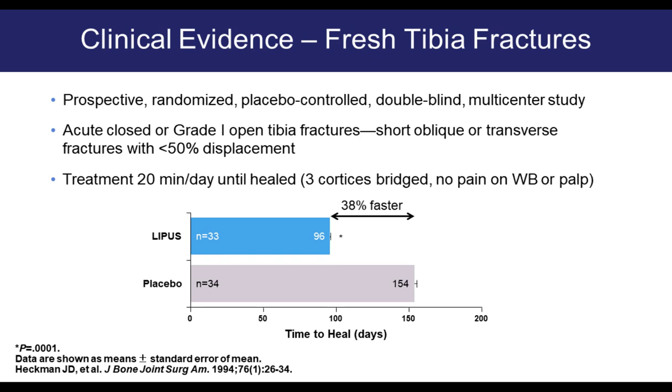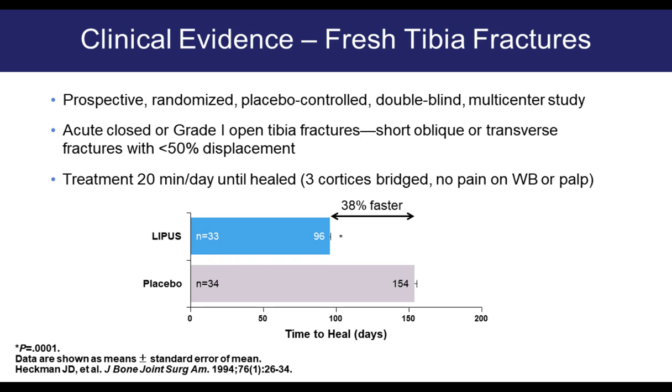It had to be short oblique or transverse fractures with less than 50% displacement. Again, quite reminiscent of Gustilo's indications. And the patients either received a placebo or an active LIPUS, and they were treated for 20 minutes a day until healed. Definition of union was 3 cortices bridged and no pain on weight bearing or palpation.